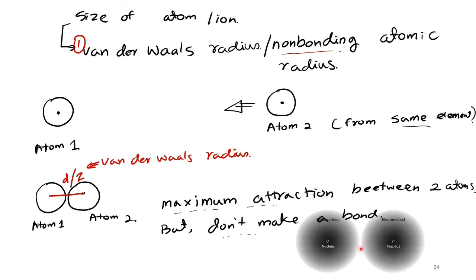So this gap here indicates that there is no bond formation, but they're experiencing the maximum attraction without making a bond. The second way we can define a size for an atom is by the covalent radius. The covalent radius is also known as the bonding atomic radius.